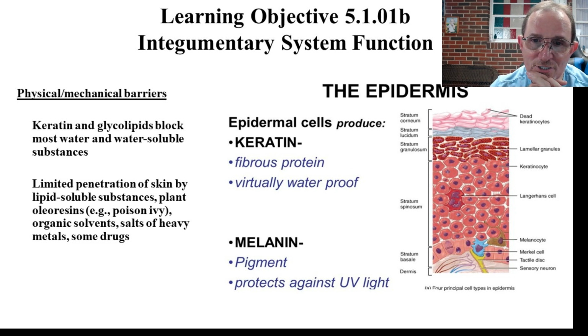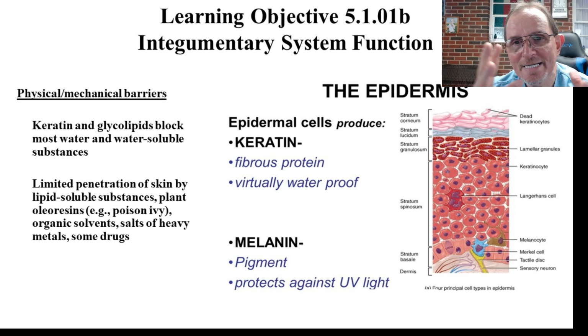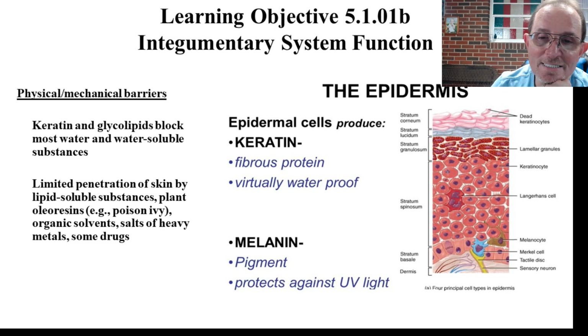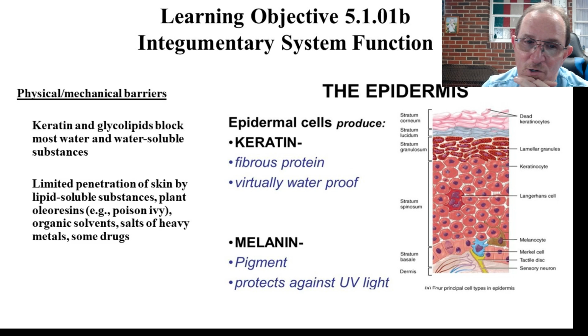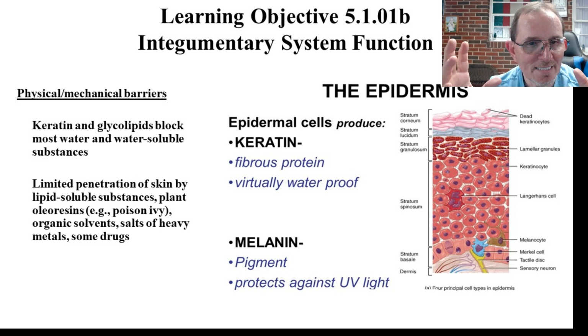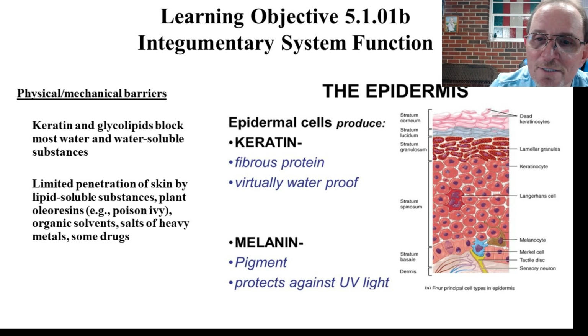This is also a barrier to protect the organs underneath. And this is the important part, guys. The keratin, which is a protein inside these flattened cells right here, is kind of waterproof, and we also have a waxy substance between those lamellar granules.